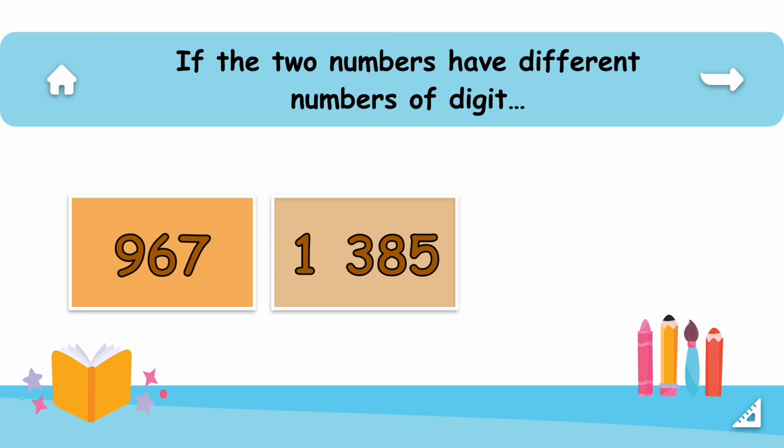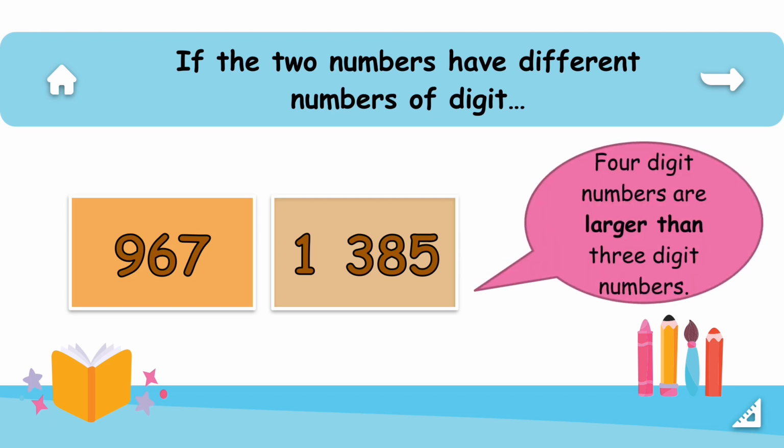However, the second number is made up of 4 digits, which are 1, 3, 8 and 5. To compare two numbers that have a different number of digits, a 4-digit number is larger than a 3-digit number. This is because a 3-digit number brings up value up to 100 only, and a 4-digit number brings up value up to 1000.